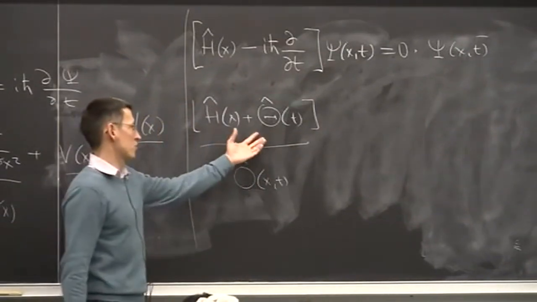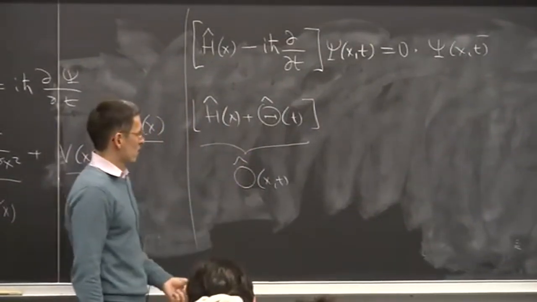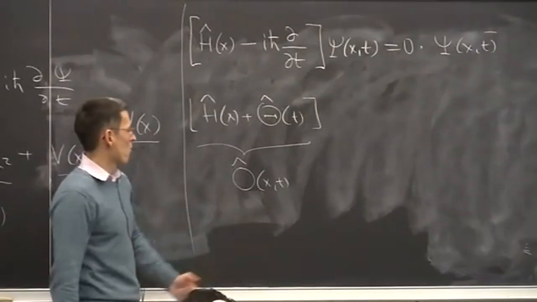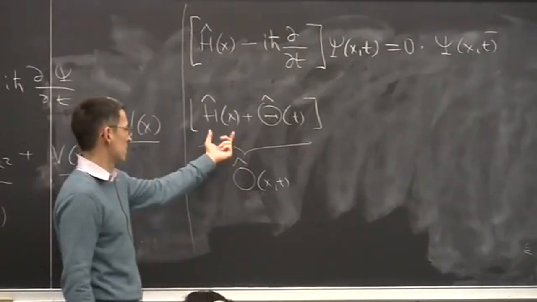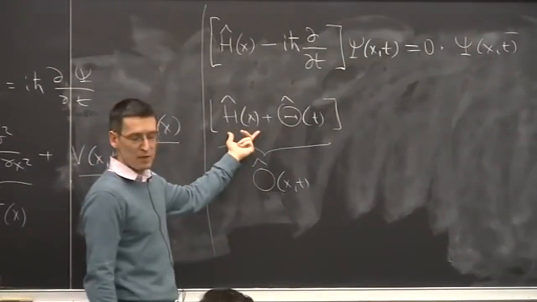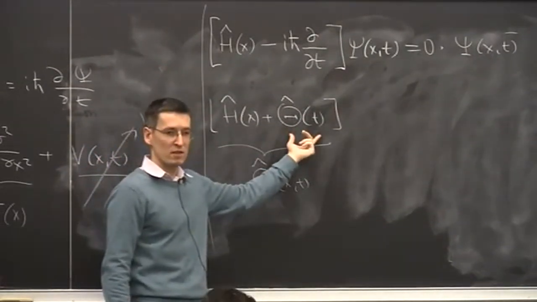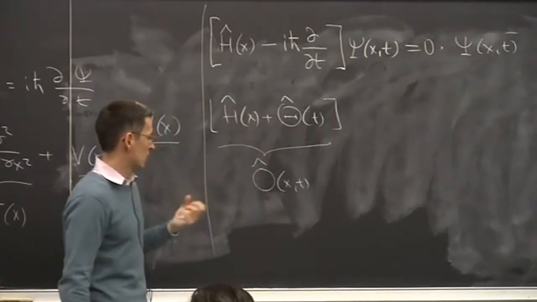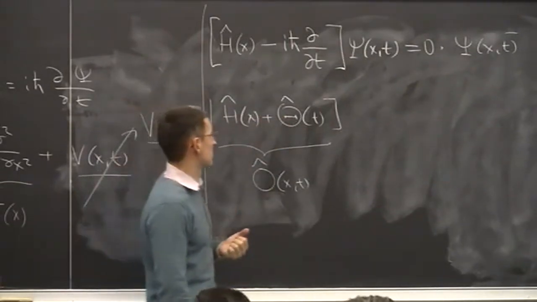But we know the structure. It's, as we will call it later, a separable operator. Separable means that it can be broken into two pieces. One depends on x, another depends on t. And that's what we're gonna use.